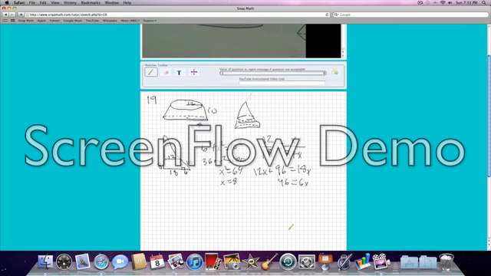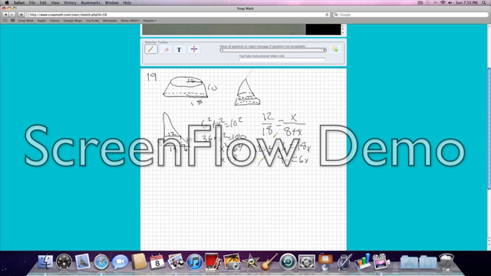And we get this to come out to be, I believe, 16. So x is 16, so we can write that in right here. Now these lengths are going to be the heights of our cones. So the height of the small one is 16, and the height of the big one is 24.